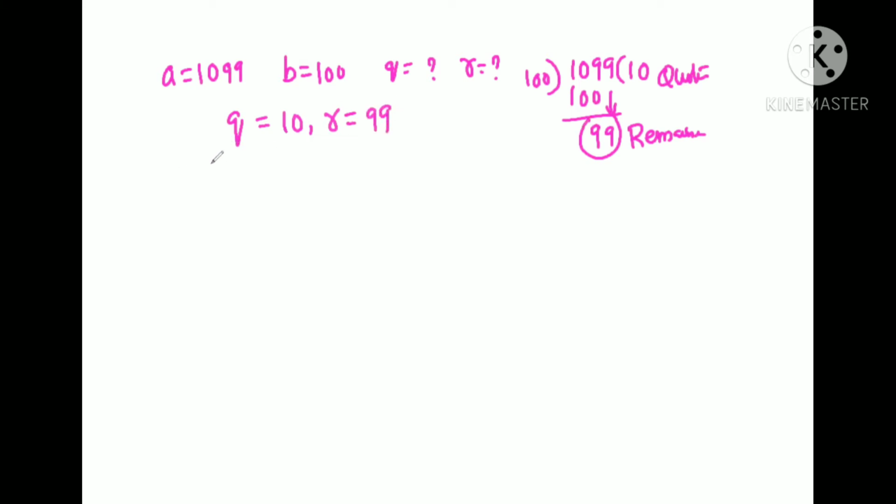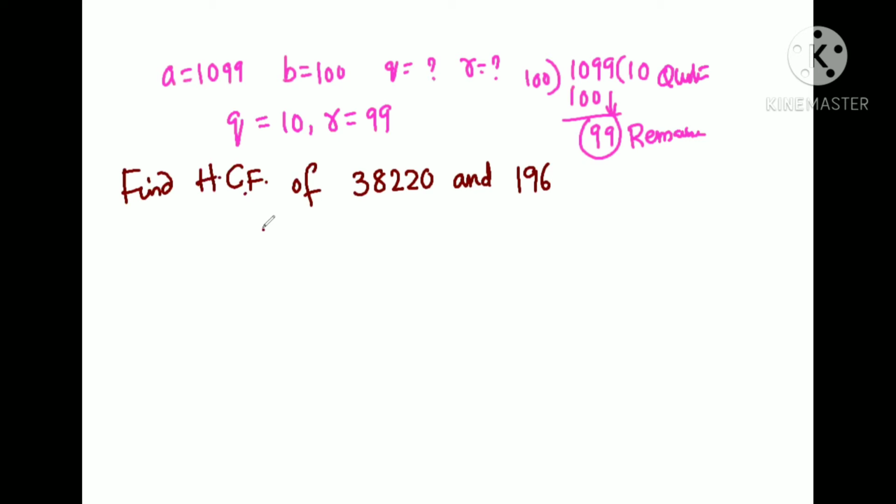Now find the HCF of 38,220 and 196. Divide 38,220 by 196. How many times does it go?